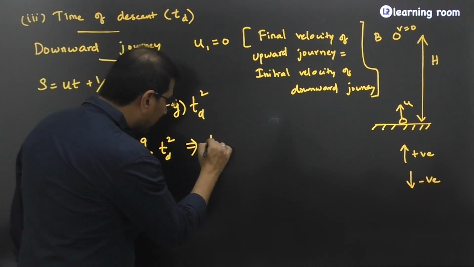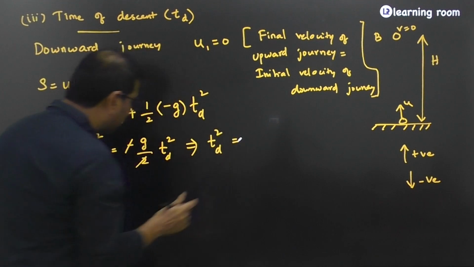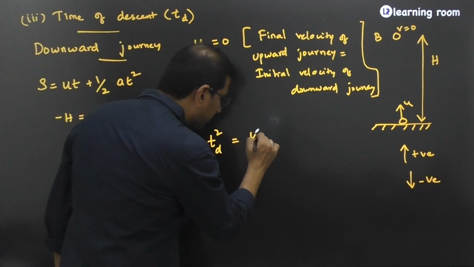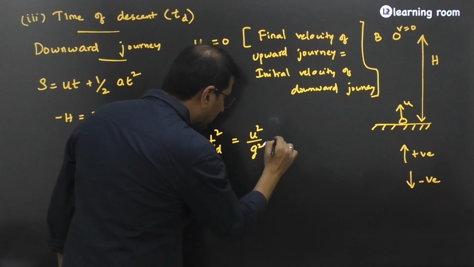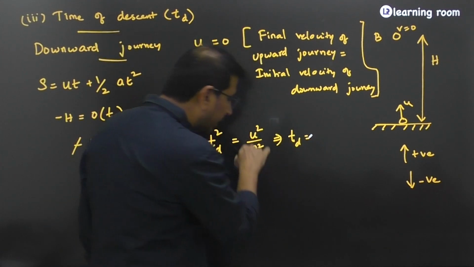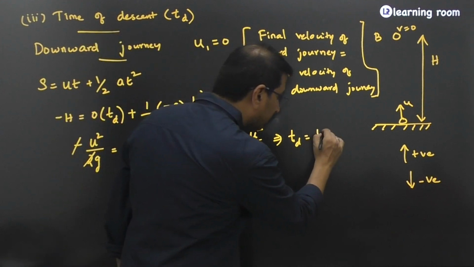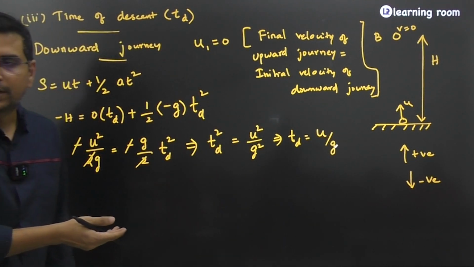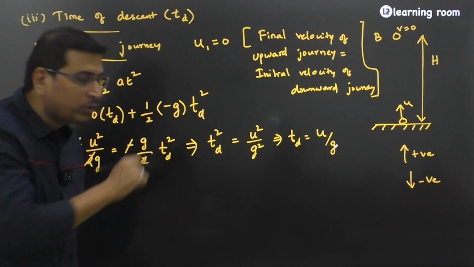This implies td square is equal to u square divided by g square. This implies td is equal to square root of u square by g square, which is nothing but u by g only. Actually, it will be plus or minus, but time generally is not taken to be minus. So it is u divided by g.